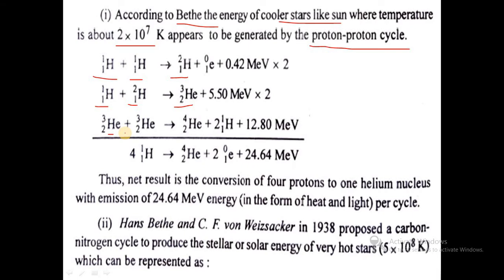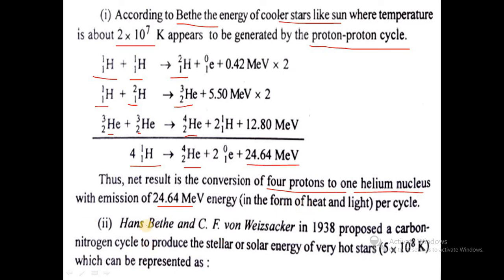And when tritium combines, we get helium nuclei. Overall, 4 protons combine together and we get a helium nucleus. The net result is the conversion of 4 protons to 1 helium nucleus with the emission of 24.64 million electron volt energy per cycle.